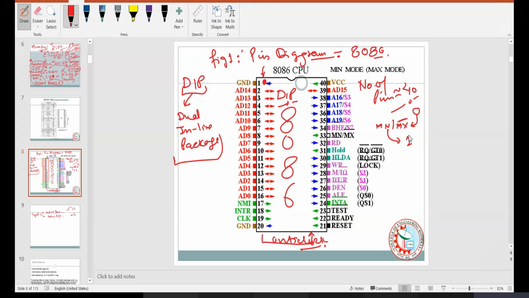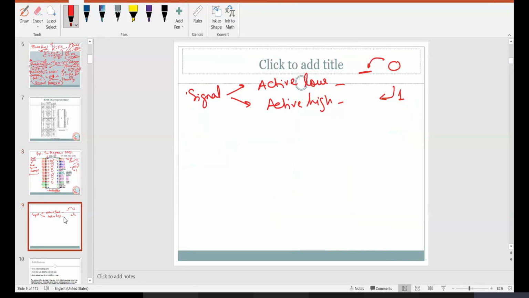Fine. So by having a single pin, we are having two operations. It's like a two-way switch. It is giving you a signal on 0 as well as on 1. This is one type of technique they introduced at many places. You will see in this, they just combine a few signals at the same time.